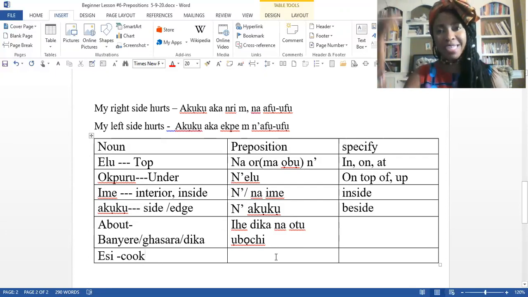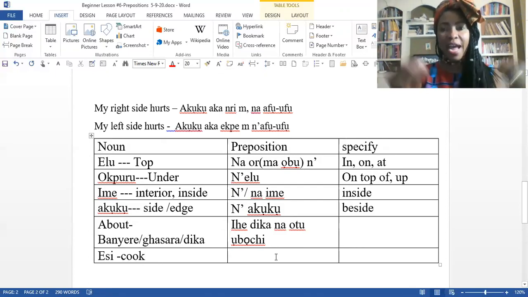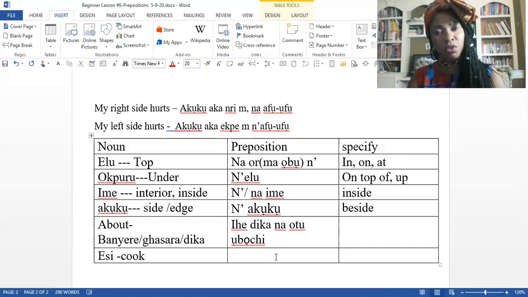So can somebody try? Just try. Before you say something, introduce yourself. I need to know who is talking. Somebody try to use it. We need to practice it in this class. Just use the preposition to use the verb stem here to make a sentence.